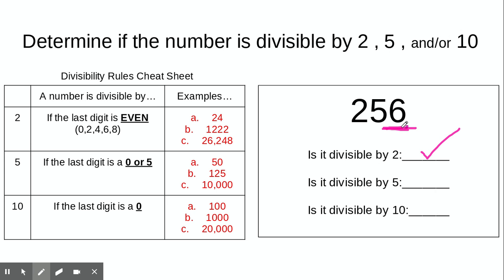Is our last digit a 0 or a 5? No, so it's not divisible by 5. Is 256 divisible by 10? No, it's not, because the last digit is not a 0. So 256 is only divisible by 2.